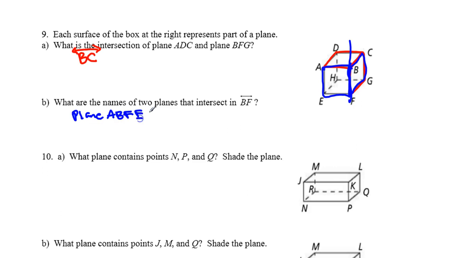I'm actually going to use 4 letters. And what would that other one be? BCGF. Now again, you only need 3 letters, but we could also do it with 4. It's not wrong to do it with 4, so I just want to show you can do both of those. So again, that's plane ABFE and plane BCGF.